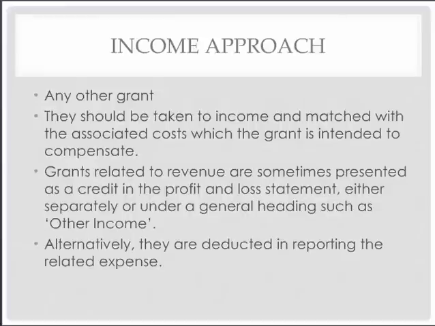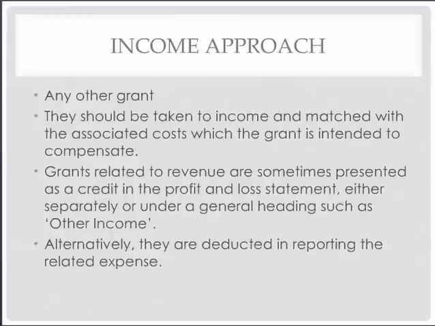Now, you can record government grant in P&L in 2 ways. One method is grants related to revenue are presented as credit in profit and loss account, either separately, that means separately showing as government grant related to research and development expenditure, or under a general heading of other income. Alternatively they can be deducted from related expenditure.